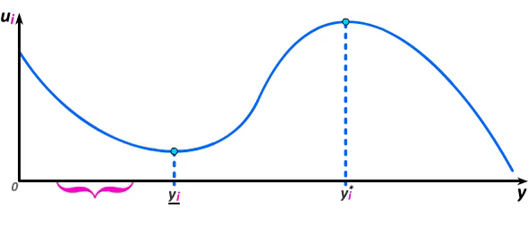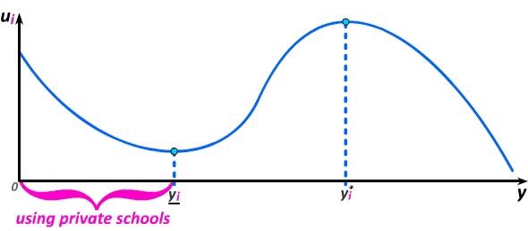The first peak and the subsequent decline in utility as public school spending increases arises in this case because of the presence of private schools and the fact that this individual will choose private schools over public schools when public school spending is below y lower bar.